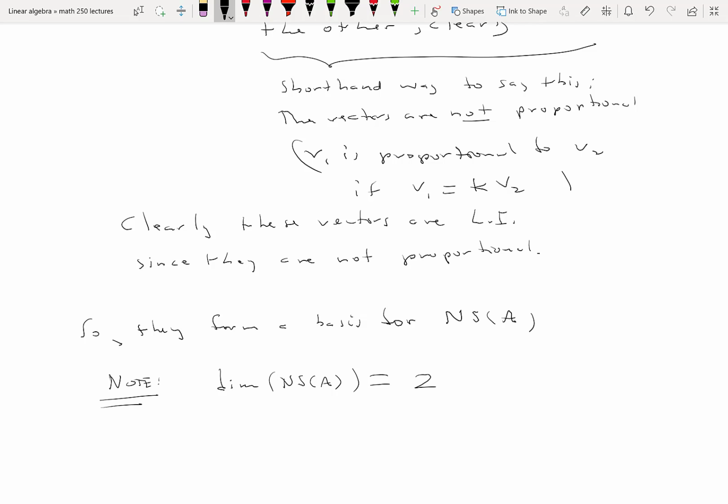So notice that the dimension is 2, and it also equals the number of free variables. There were x3 and x4. This is always the case. This will become an important item in about maybe 15 minutes or so.